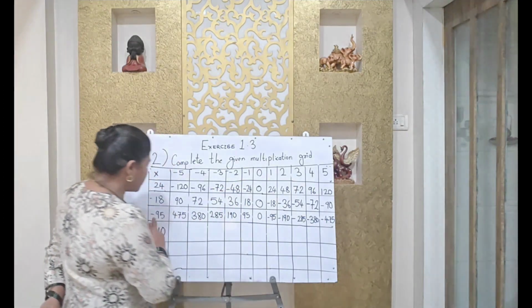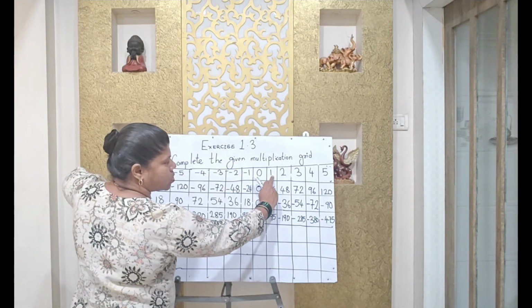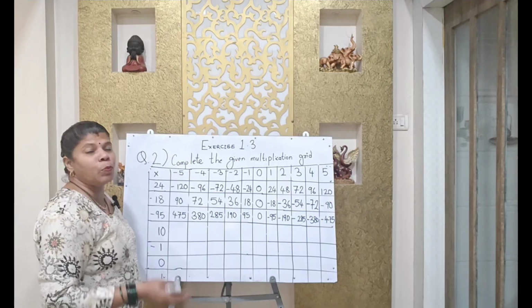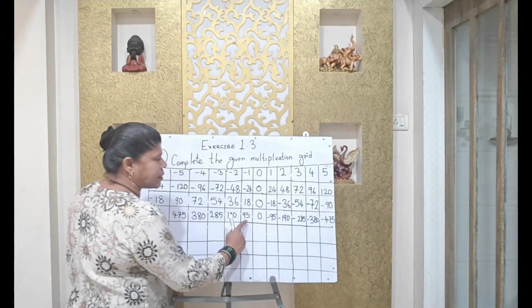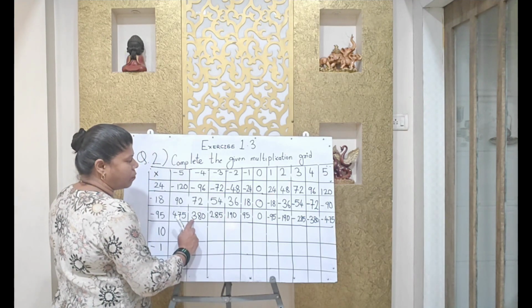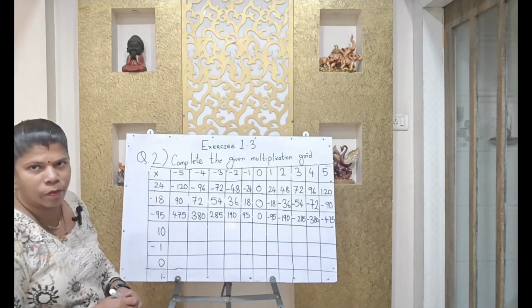And here, the multiplier is negative and the multiplicand is positive. So, positive, negative, opposite sign, negative. So all will be negative and the same numbers: 95, 190, 3s are 285, 4s are 380 and 5s are 475.